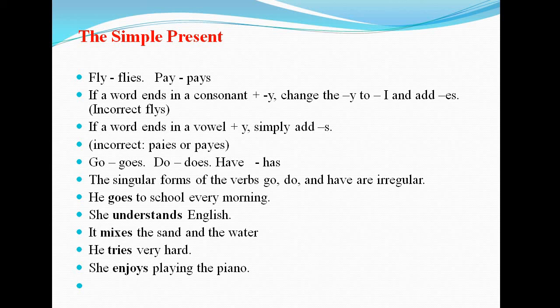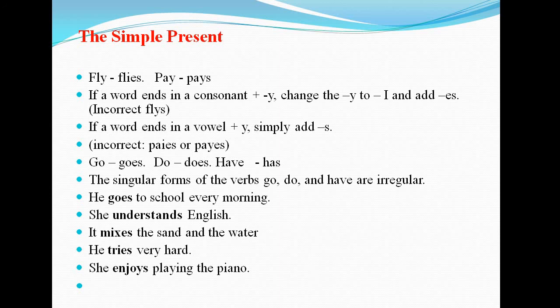But with fly, we have a consonant, so we make the y to i and add es. If a word ends in a vowel plus y, simply add s. It's incorrect to write paies. No, it's absolutely wrong.